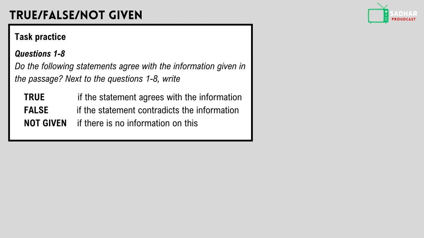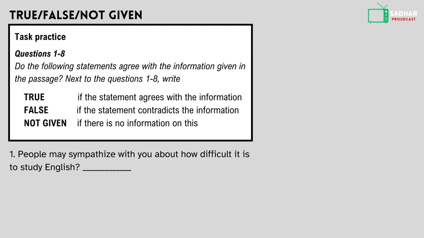Do the following statements agree with the information given in the passage? Next to questions 1 until 8 below, please write true if the statement agrees with the information, false if the statement contradicts the information, and not given if there is no information on this.